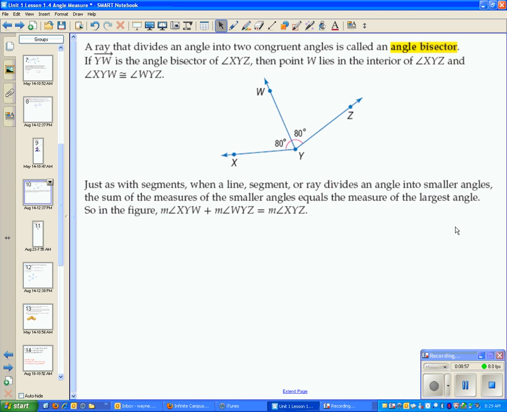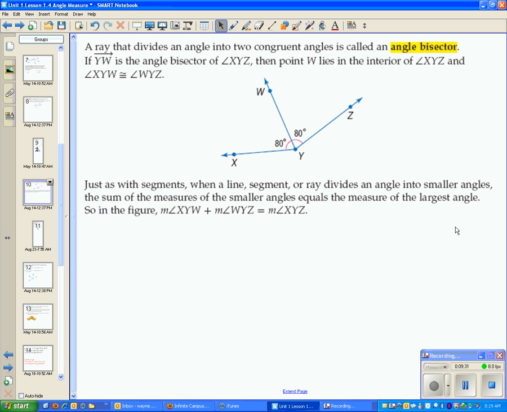It divides it into two equal halves. Remember, bisect means to cut into two equal halves. So angle XYZ gets cut into two equal halves. Or in other words, angle XYW is congruent to angle ZYW. Okay? So it cuts the angle. An angle bisector is a ray that cuts the angle into two congruent angles, or two equal halves, or two angles with the same measure.